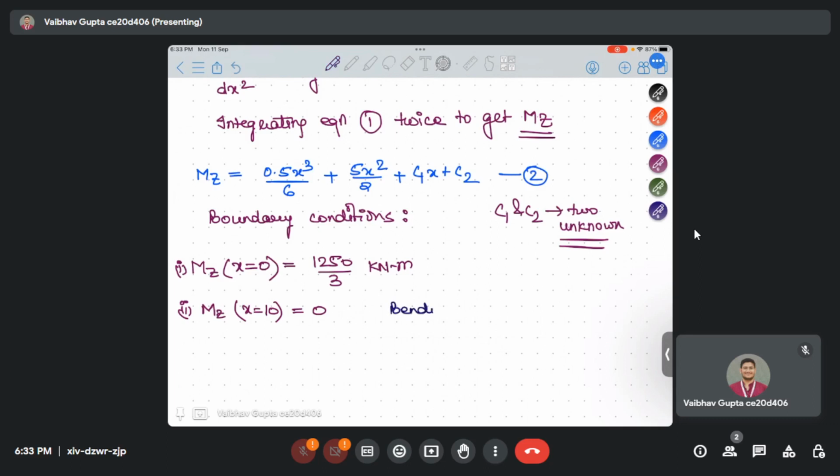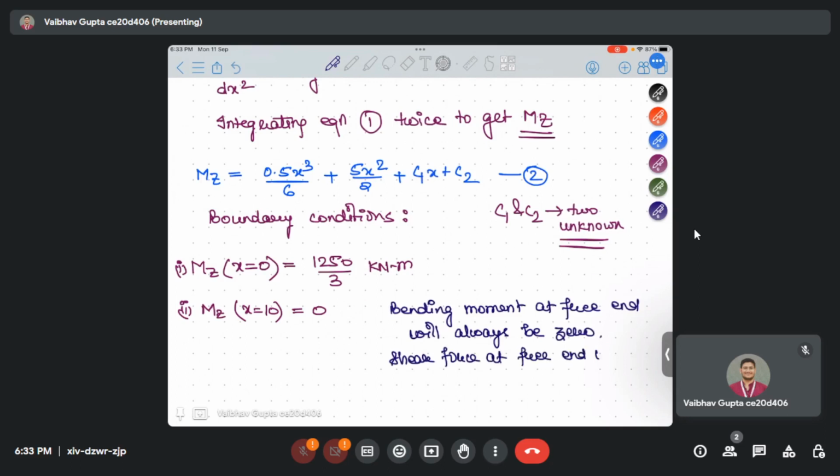Bending moment at the free end will always be 0. Similarly, shear force also. Shear force at the free end will always be 0.